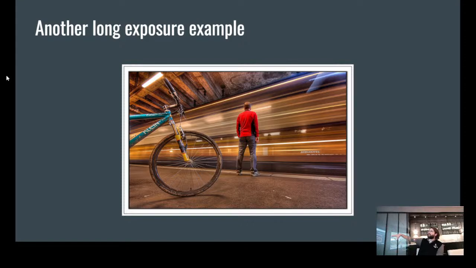Okay. This would be another example of what you can accomplish with long exposure, where maybe you're trying to capture movement in a really fun way. So in this case, this guy probably set it up on a bench behind him or on a tripod. The bike, the train platform, and the ceiling of the train platform are not moving. So we can see all of those with great detail. We see the shadow, we see the color.